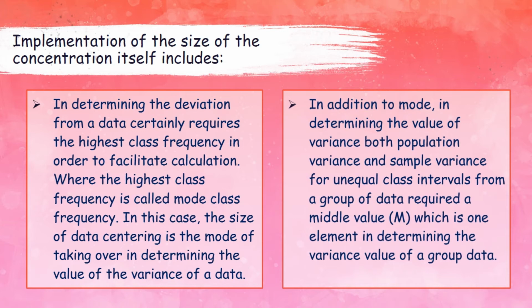For group data, the mean is basically not used at all to determine the variance, because the mean is only used for a single variance. Therefore, the value of variance and the measure of data concentration are two things that influence each other, not two values that have no relationship at all.